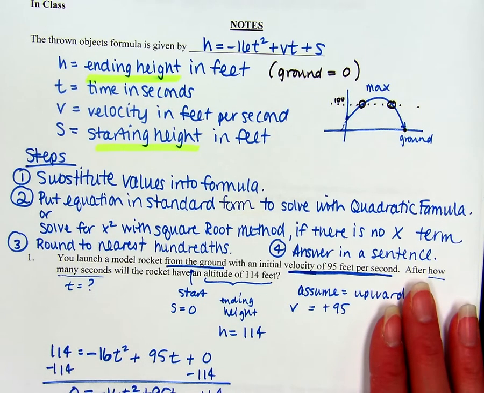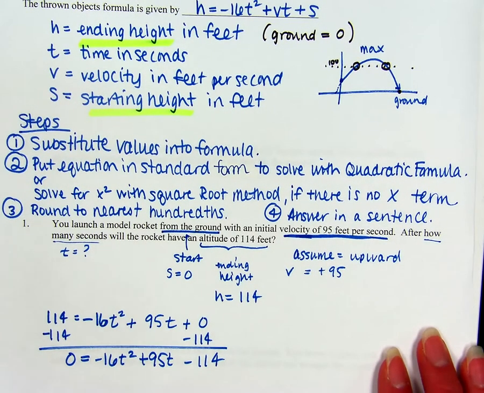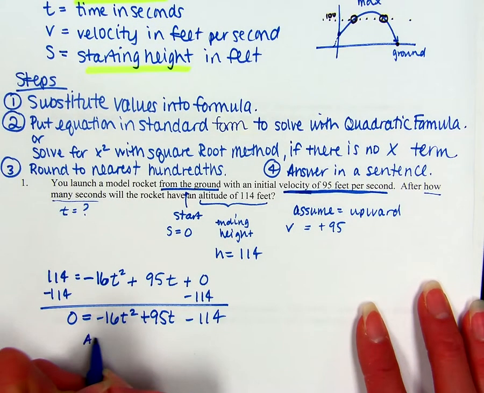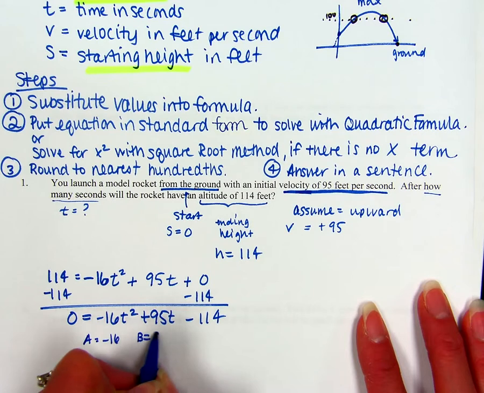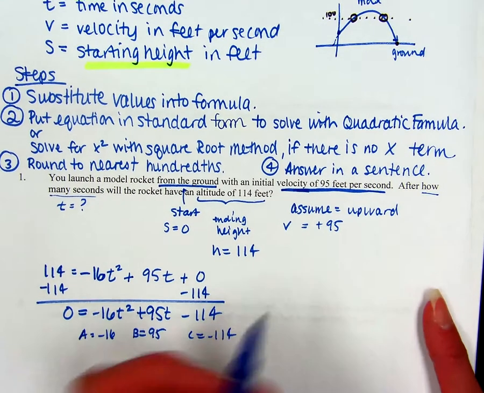So since we have an a, b, and c, if b was missing, we would use the square root method. But since we do have a, b, and c, we're going to use the quadratic formula. So just like you did the last couple of days, quadratic formula means identify a, b, and c. Okay, and then you're just going to substitute into our formula.